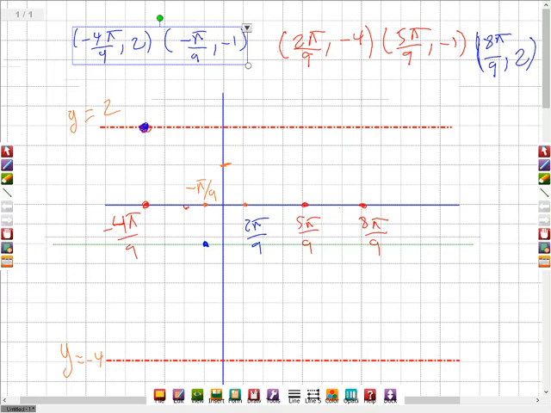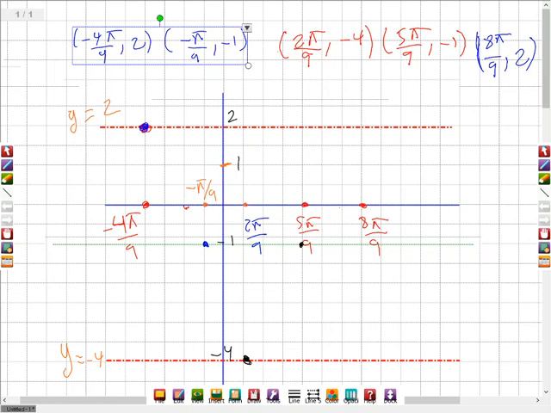Okay, this is 2, and this is 1, this is -1, and this is -4. Now 2 pi over 9 comes with -4. And 5 pi over 9 comes with -1. And 8 pi over 9 comes with what?